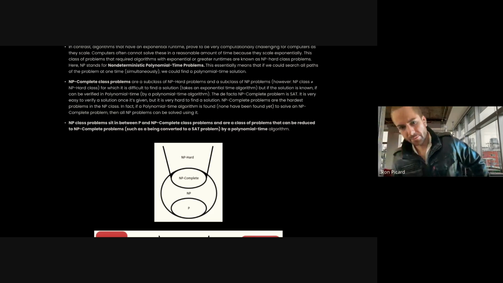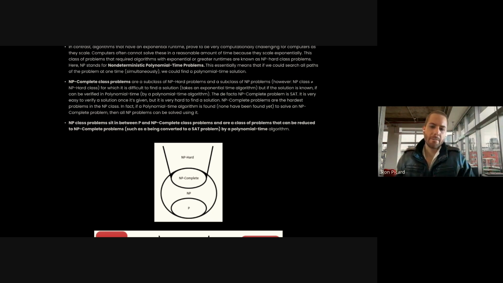called P equals NP, which you may have heard about before, because sometimes it comes up in everything from philosophy to mathematics. But the P class of problems stands for all the problems that can be solved in polynomial time, which we consider good, like just standard nested for loops or better.